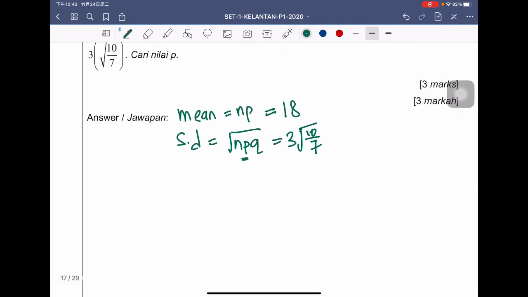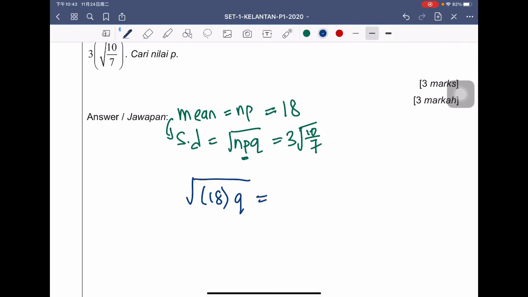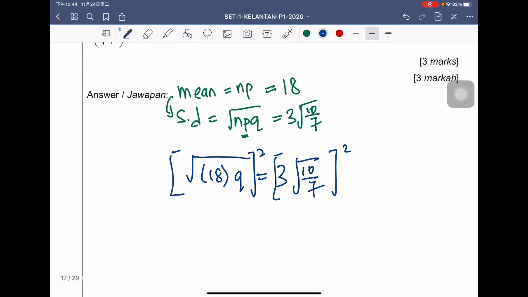So NP is equal to 18. So we substitute it into the standard deviation formula. So NP is 18, so 18 multiplied by Q, and then you will get 3 square root 10 over 7. So from here, we square both sides in order to cancel out the square root.